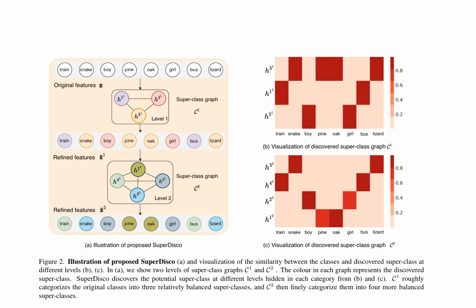The proposed SuperDisco method is a non-spectral graph neural network (GNN) approach designed to refine and rectify imbalanced feature representations for long-tail recognition. It utilizes a GNN as the base architecture to discover a superclass graph, capturing complex relationships and dependencies between nodes in a graph.